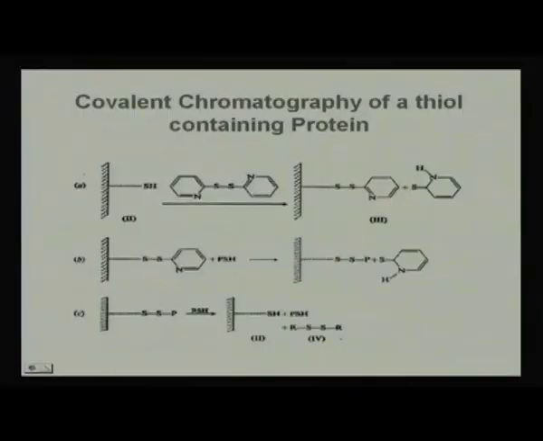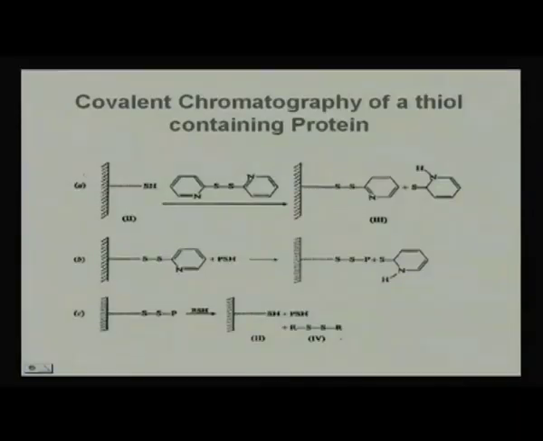Covalent itself tells us that the interaction is very strong, and when eluting, under very mild conditions, we just pass a reducing agent to elute our targeted protein.